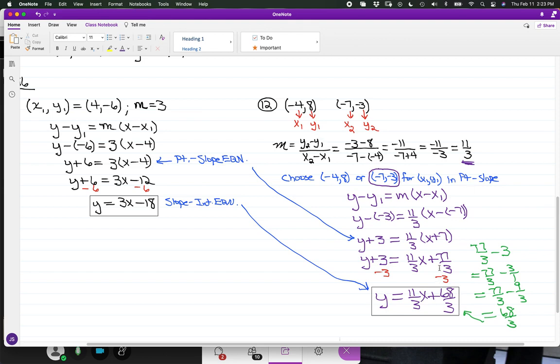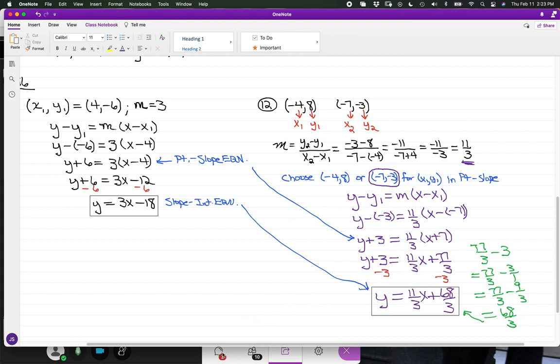And with (-7, -3): -7 times 11 gives -77/3 plus 68/3, so you have -9/3, and that goes to -3. So this equation checks out.